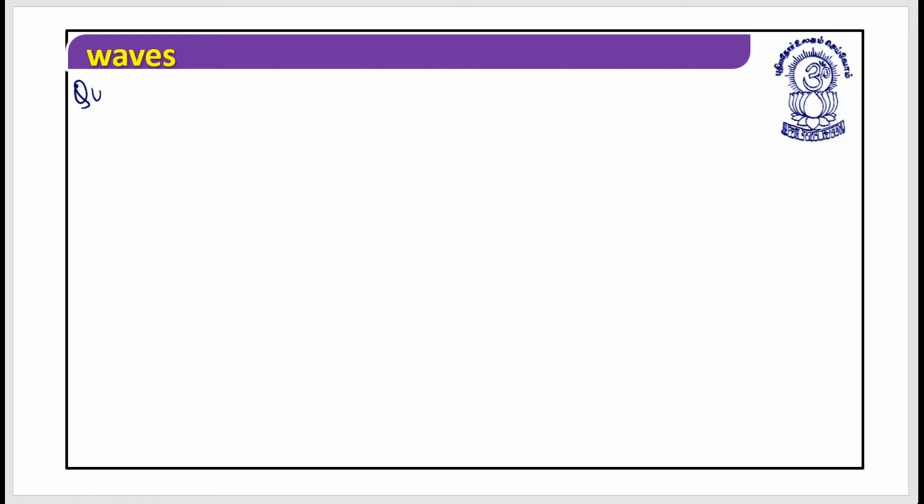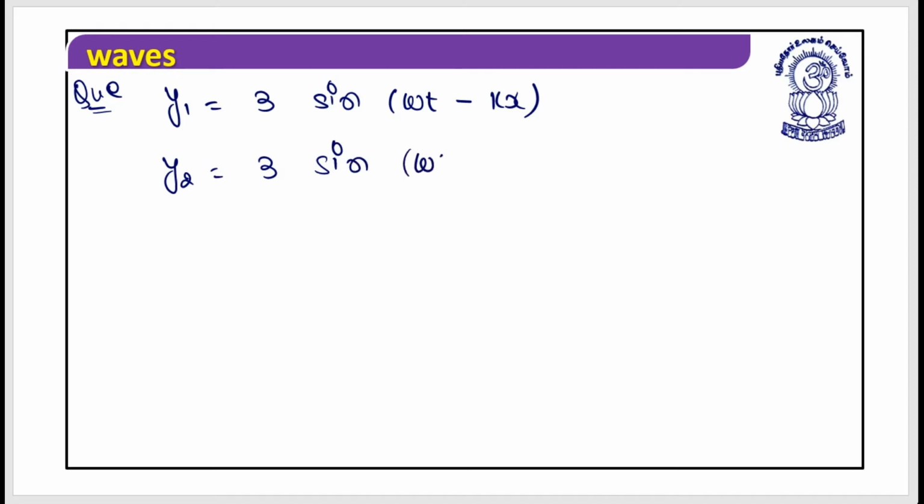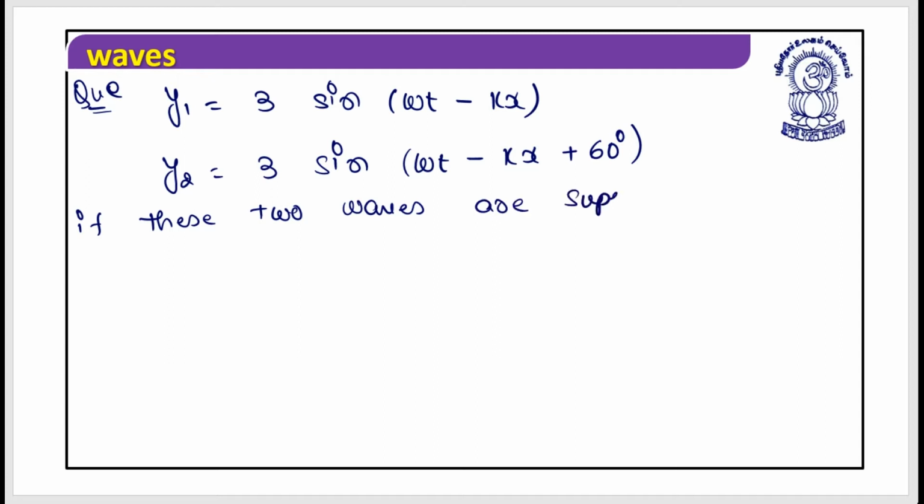Let's have a look. Suppose the question is that y1 equals 3 sine of omega t minus kx, and the other is 3 sine of omega t minus kx plus 60 degrees.